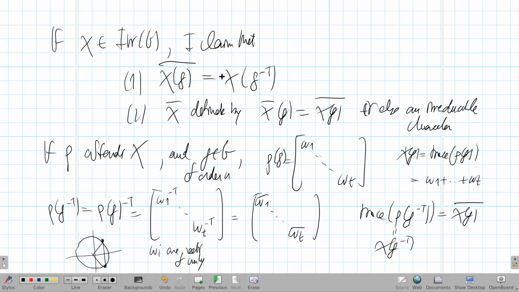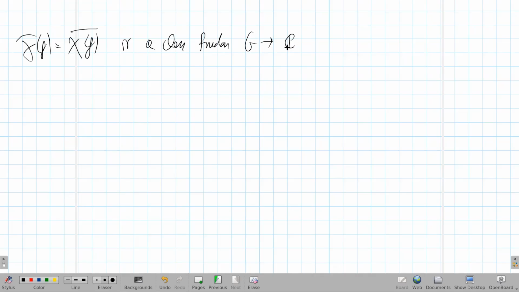So that's the first one. And as to 2, why is this an irreducible character? Well, the funny way is this. So chi bar on G is defined like this, is a class function from G to C, okay?